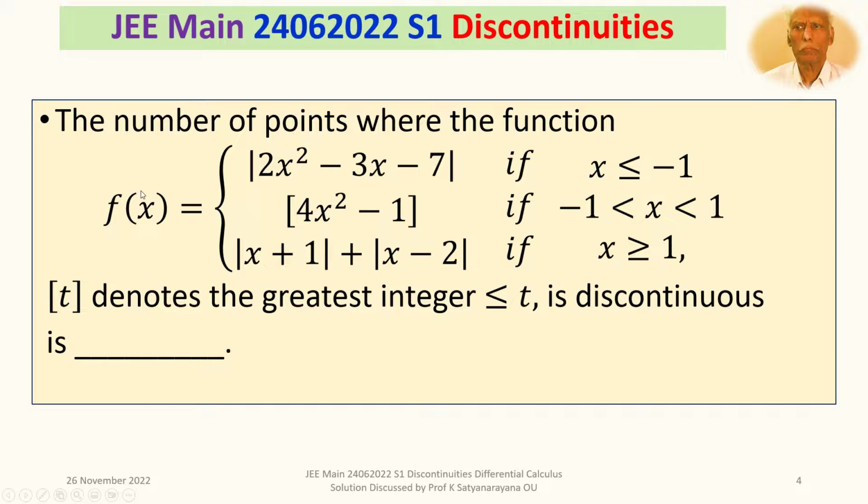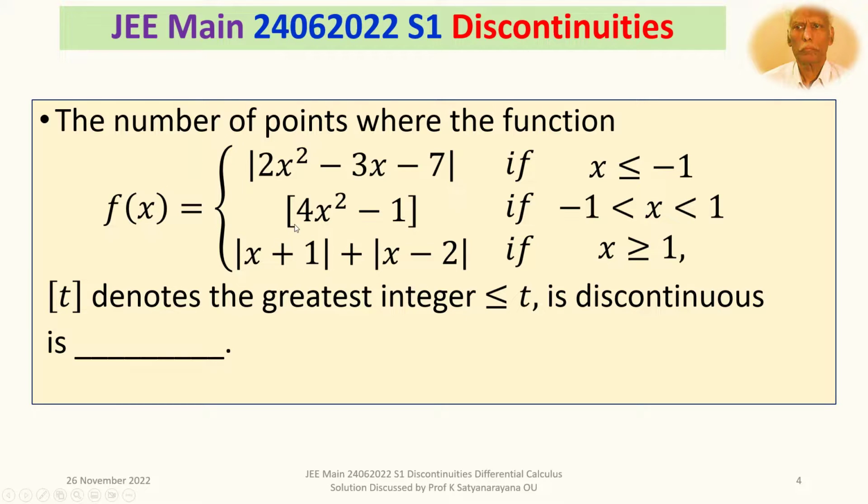The function f of x is given to be mod of 2x square minus 3x minus 7 if x is less than or equal to minus 1, bracket 4x square minus 1 if minus 1 is less than x less than 1, and mod of x plus 1 plus mod of x minus 2 if x is greater than or equal to 1. And this is the function given to us.